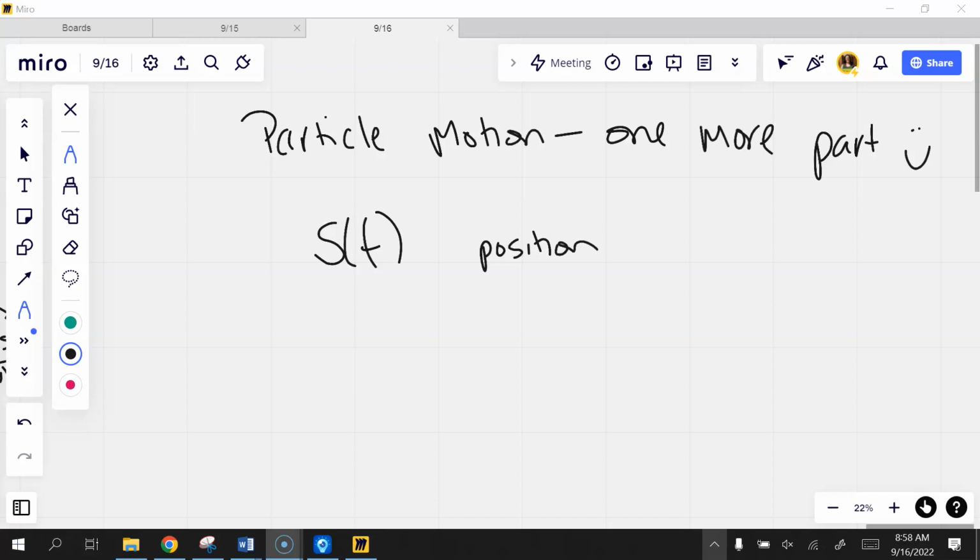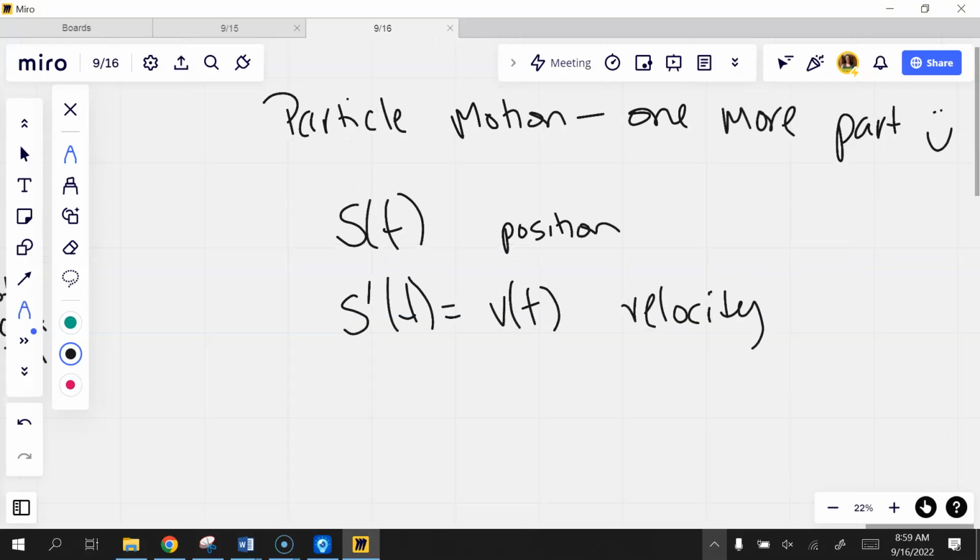All right, position. What's the derivative of position? Velocity. What does the derivative of velocity give us?